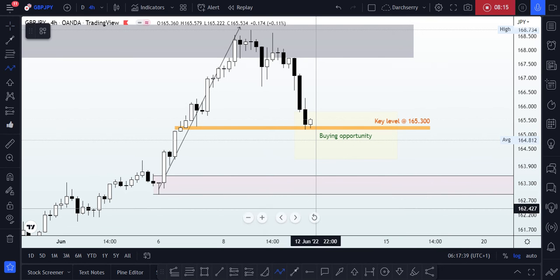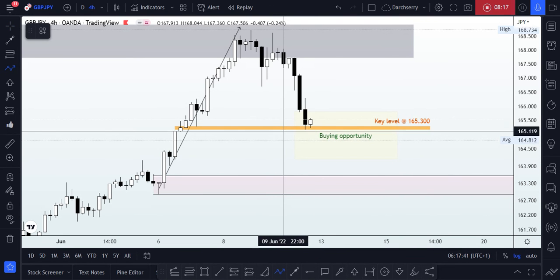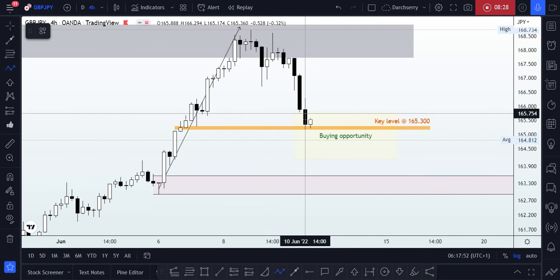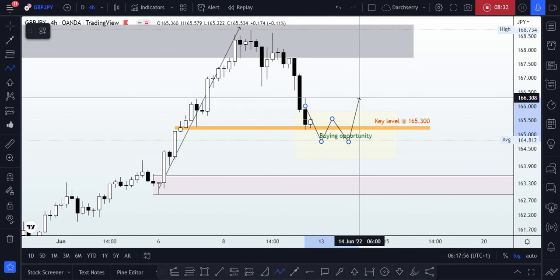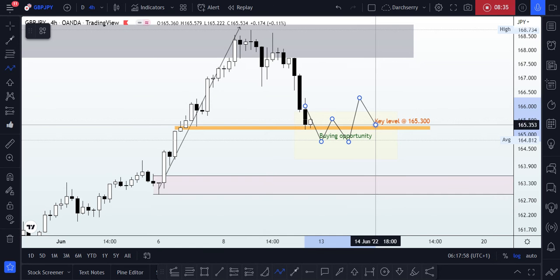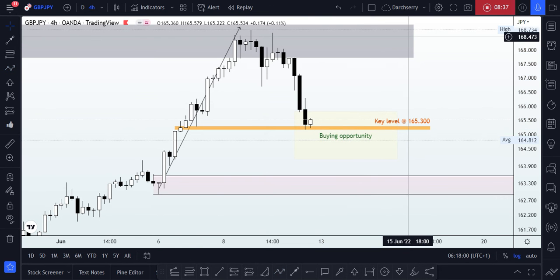However, my expectation remains bullish considering the long-term bullish momentum on this pair, as I am going to be looking forward to a reversal pattern within this area to take advantage of a bullish momentum to the upside.